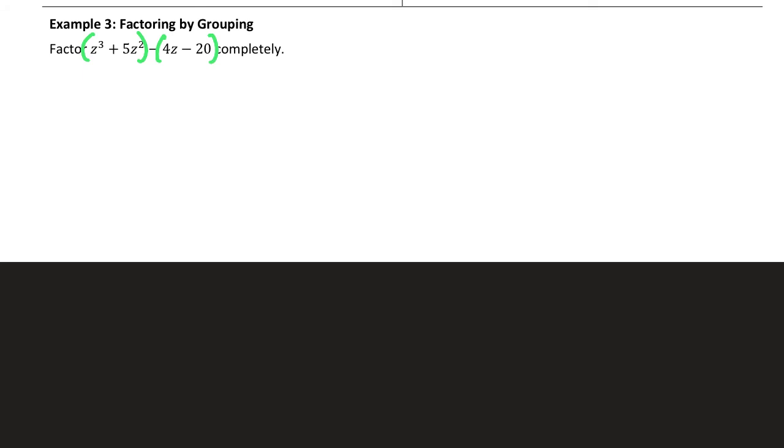To preserve everything, I'm going to make sure this is plus and negative 4z. So really, to rewrite this, z cubed plus 5z squared plus negative 4z minus 20. I just want to preserve that addition in the middle of the two factors, or the two things in parentheses.